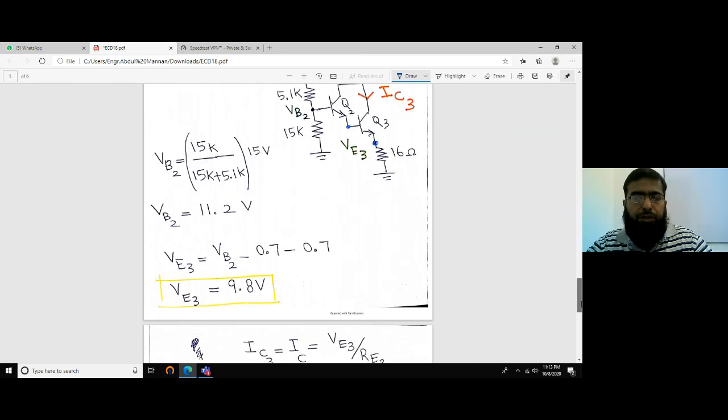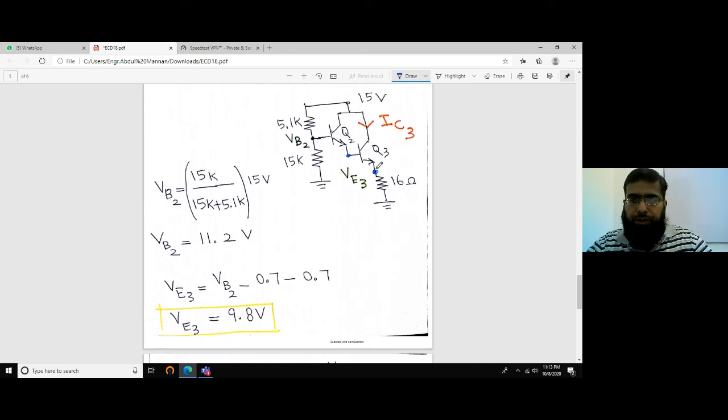So this is VE3. VE3 is VB2 minus 1.4, 9.8 volts. That makes the task easier, because dividing VE3 by 16 ohms will give us the current IE3.